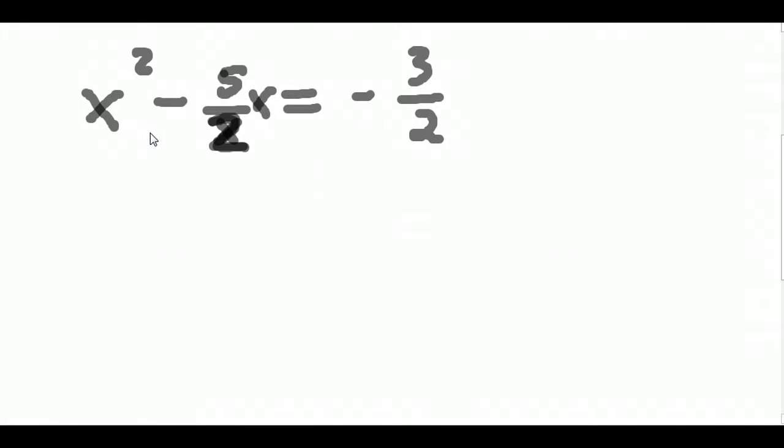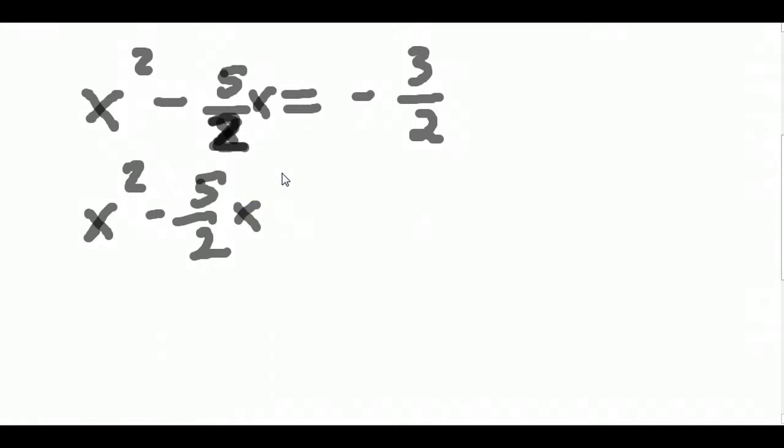Now, if we have x squared minus 5 halves x, how do we find our C term? What's our first step? You take half of 5 halves and square it. Right, exactly. Half of 5 halves is 5/4.